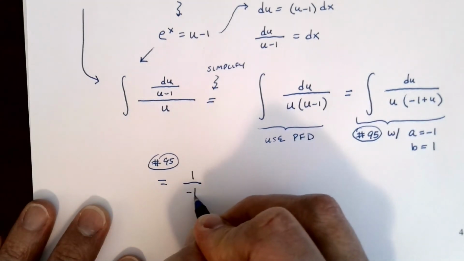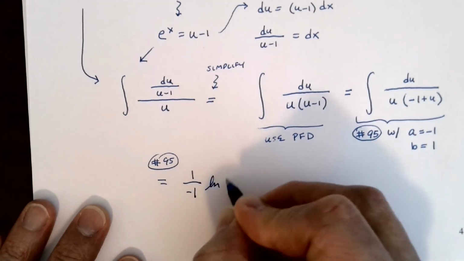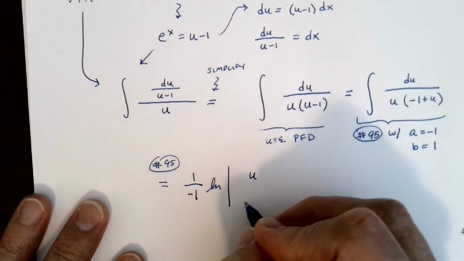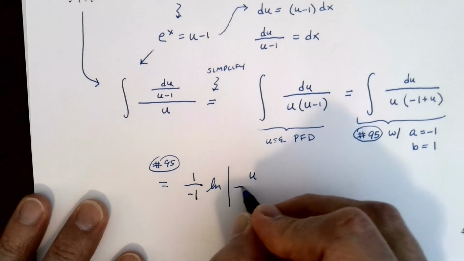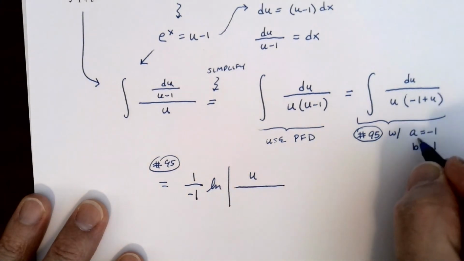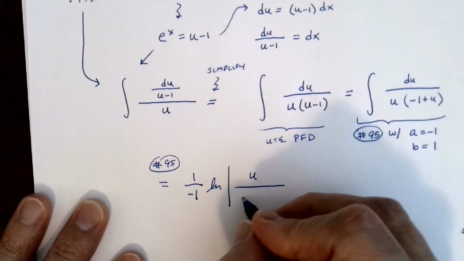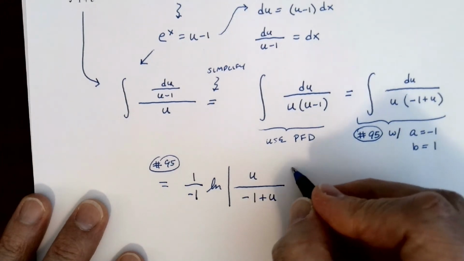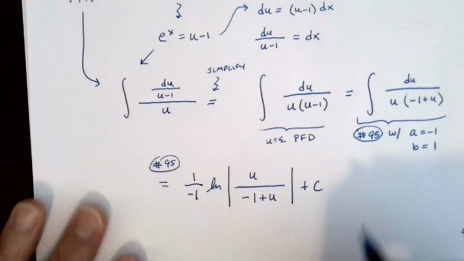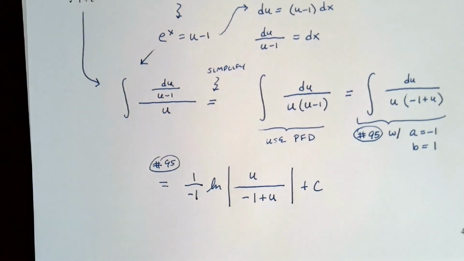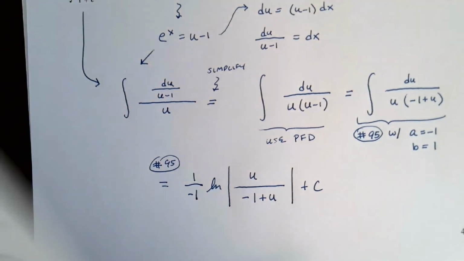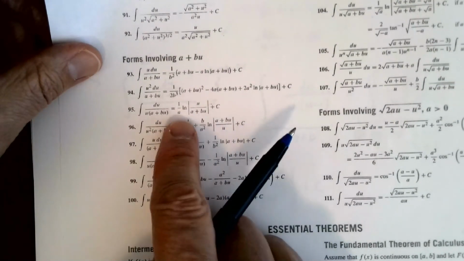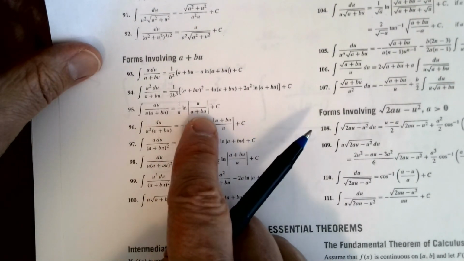Negative 1. Natural log, absolute value, of u over a, which is negative 1 plus bu, that's negative 1 plus u. So I was just exactly using number 95 and plugging in these values with a equal to negative 1 and b equal to 1.